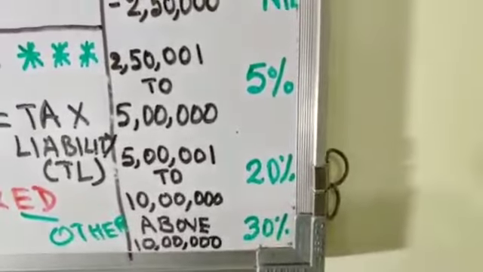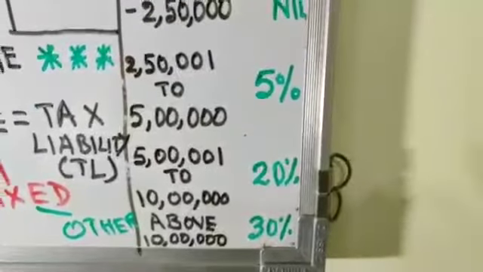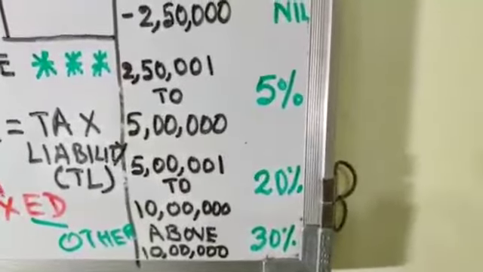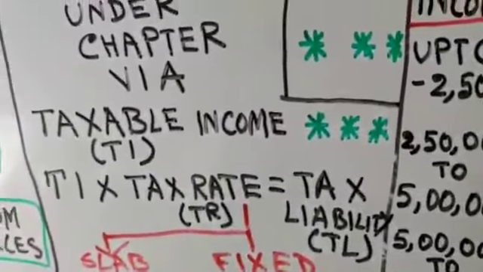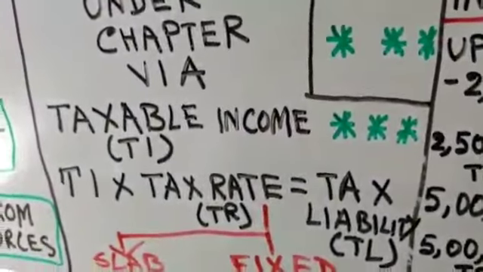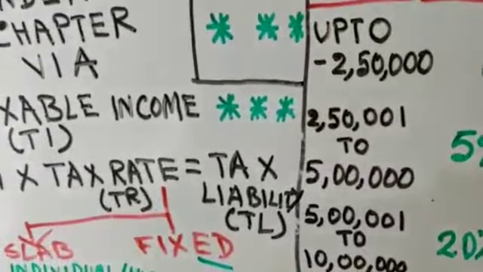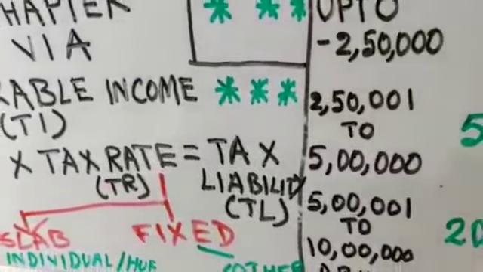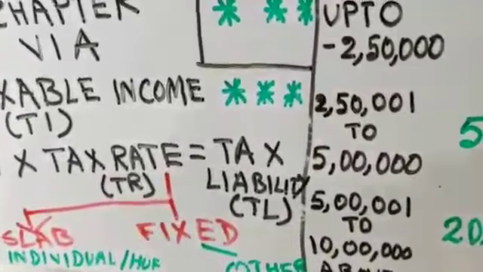If my taxable income is above 10 lakhs, then my tax rate will be 30%. When I apply this tax rate on my total taxable income, I will arrive at my tax liability. This liability I have to pay to the government. That means I have to discharge my tax liability.